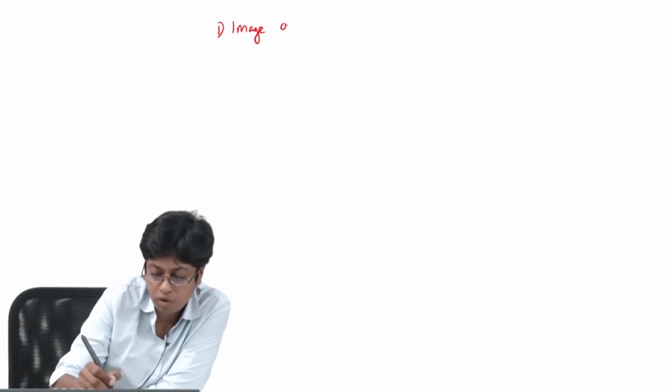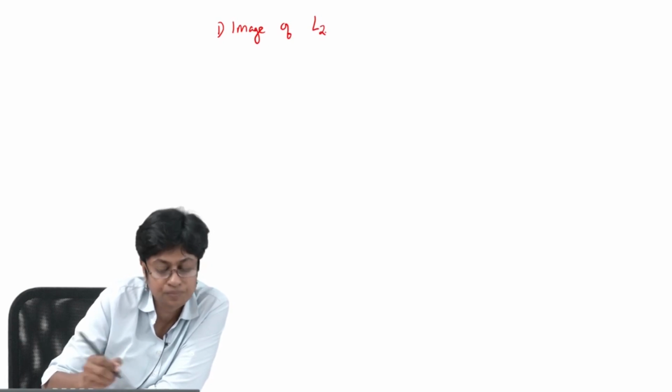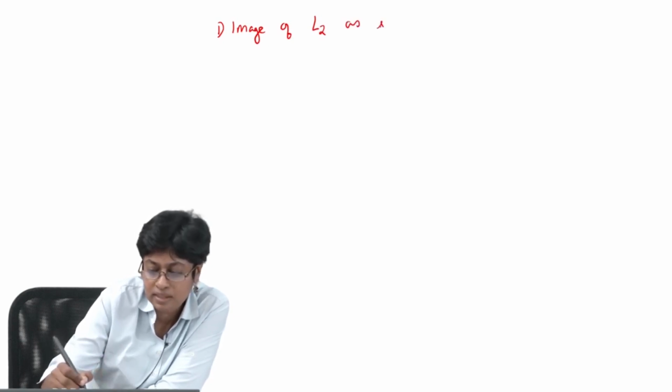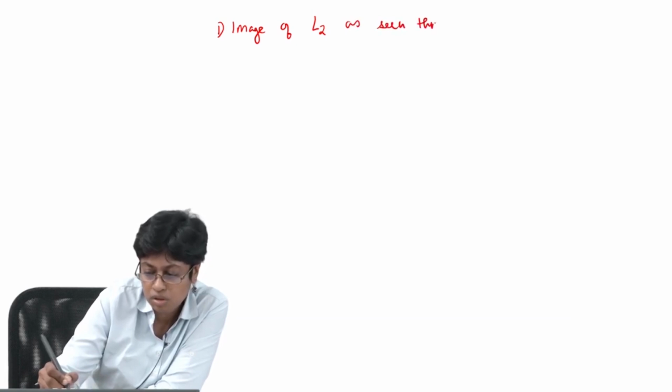So my method of calculating aperture stop is calculating angles. Okay, so the first calculation is I'm going to calculate the image of the second lens as seen through the first lens.